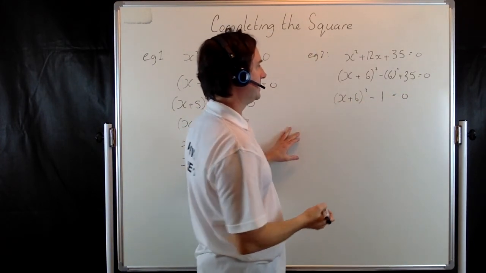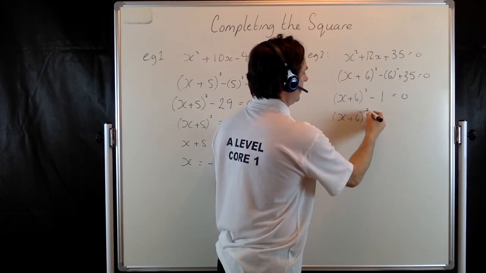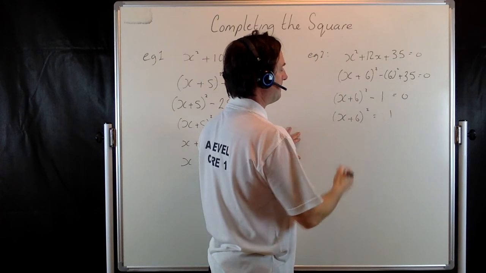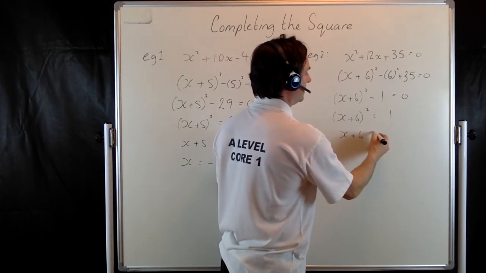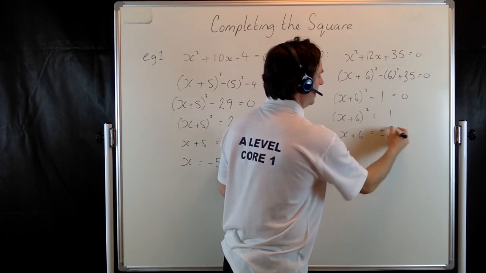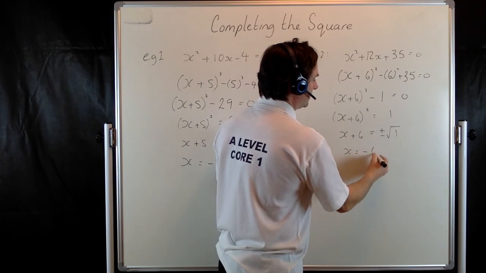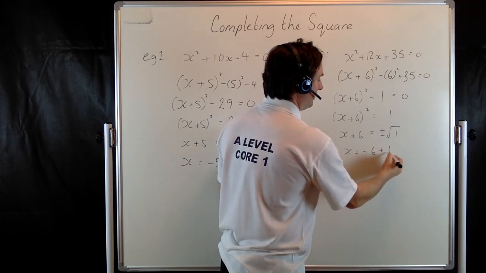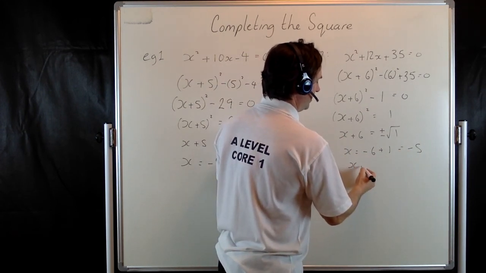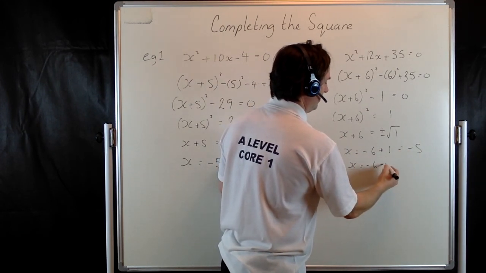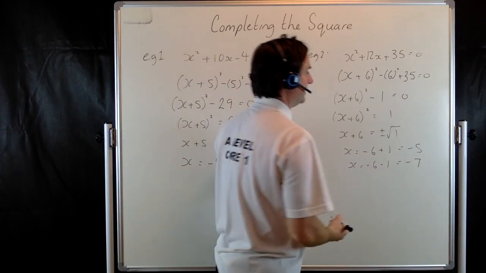If I then take this to the other side, I get (x plus 6) all squared equals positive 1. So now x plus 6, when I square root both sides, is going to equal plus or minus the square root of 1. So x is going to equal minus 6 plus 1, which is minus 5, or x is going to equal minus 6 minus 1, which is going to equal negative 7.